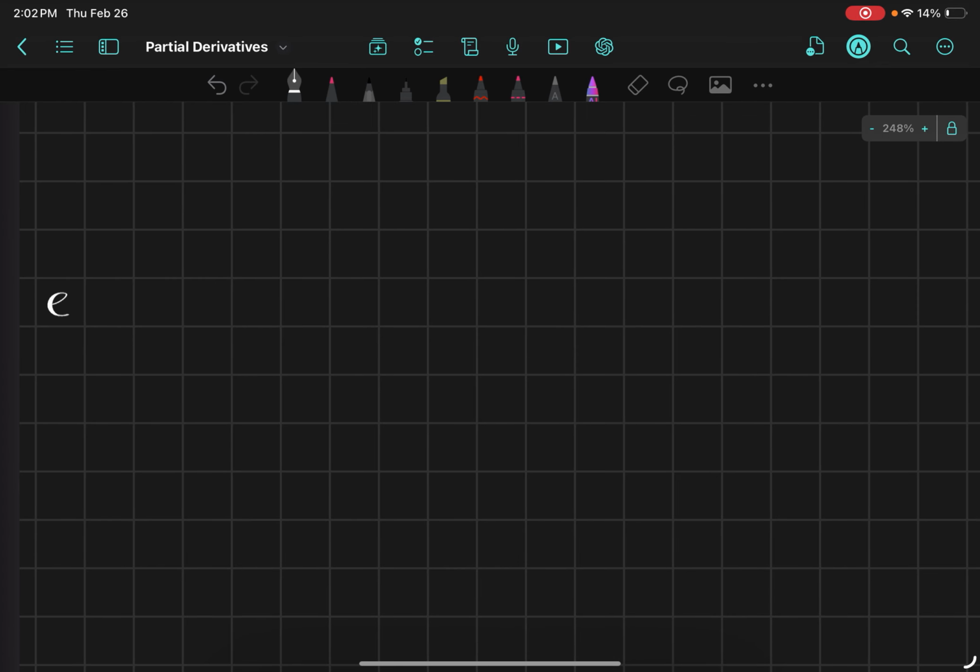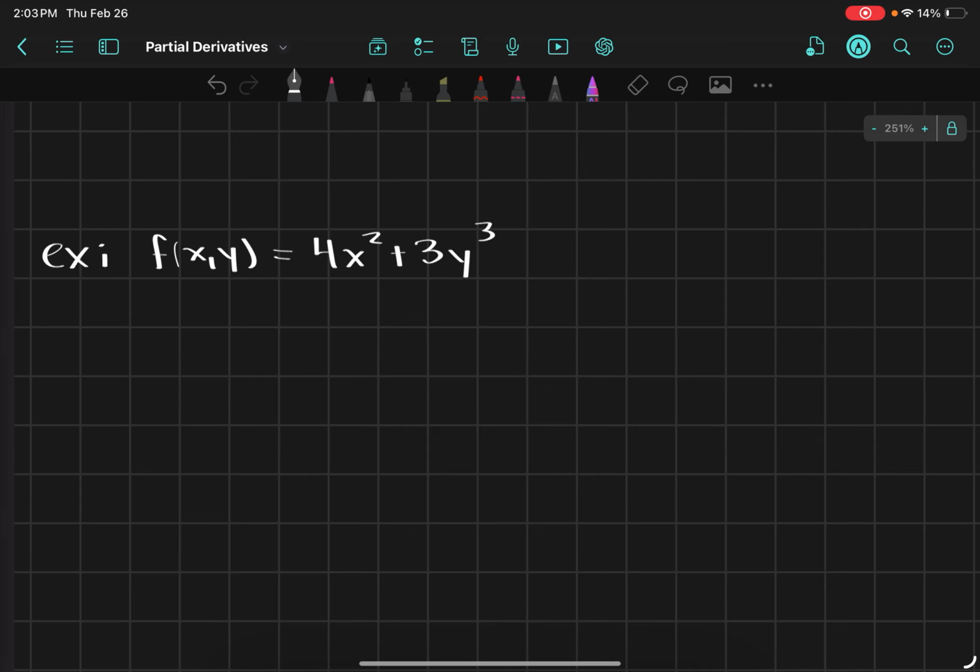First example, we are going to want to find the partial derivatives of f of xy is equal to 4x squared plus 3y to the third. Well, what is our f sub x?